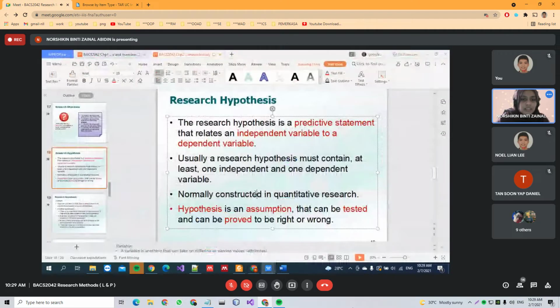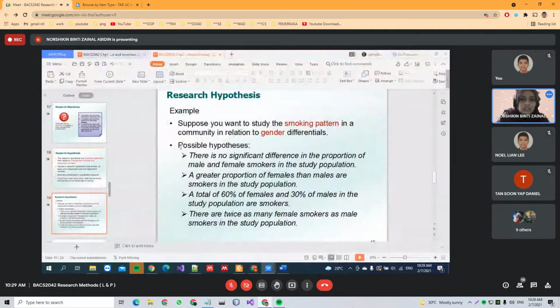Okay, that's hypothesis. So for example, suppose you want to study smoking pattern, smoking pattern in gender differentials. A possible hypothesis: there is no significant difference in proportion. So this is an example of a hypothesis based on this problem.